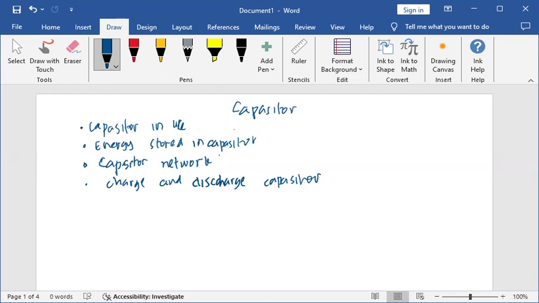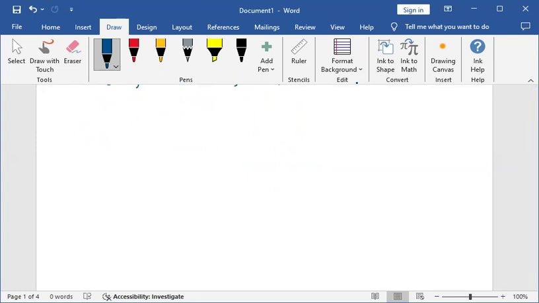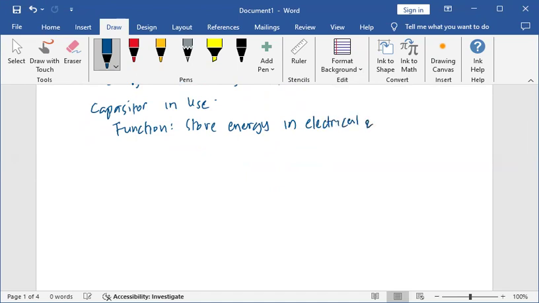For the first, we will see about the capacitor in use. Okay. A capacitor is used to store energy, so we can say its function is to store energy in an electrical circuit, an electronic circuit.